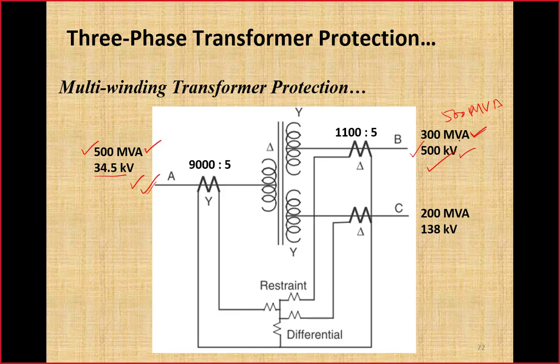Here we are left with a two winding three-phase transformer with only windings A and C. For CT selection, one side CT has already been selected; only the CT at winding C is required, and that is connected in delta as well. The procedure is, first we calculate the line current on the winding C side, and the power rating that we will use is again 500 MVA.